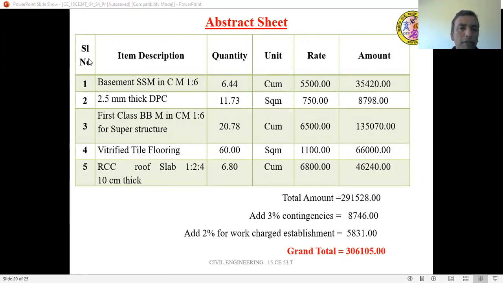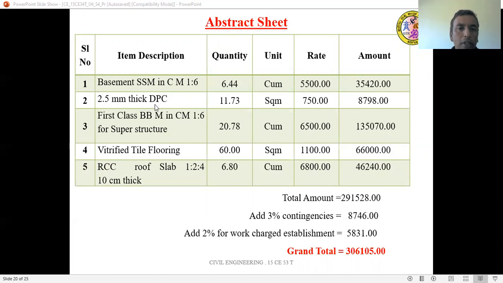First, serial number 1, basement size stone masonry in cement mortar. 6.44 is the total quantity obtained above in the tabular column, and the same will be pasted here. The unit of this basement is cubic meter. The rate of basement size stone mason is equal to 5,500 per cubic meter. Multiplying 6.44 by 5,500, you will get this amount of 35,420.